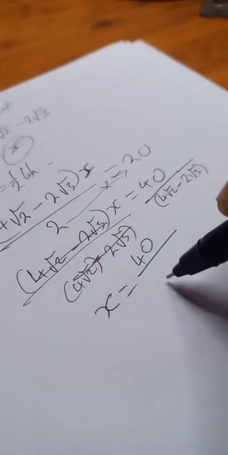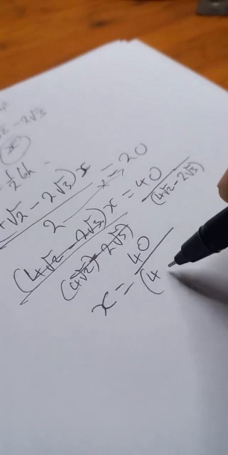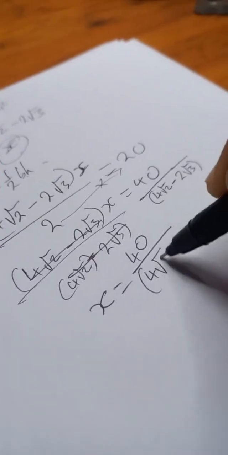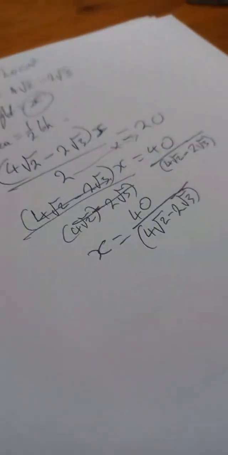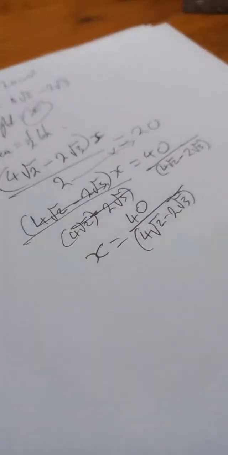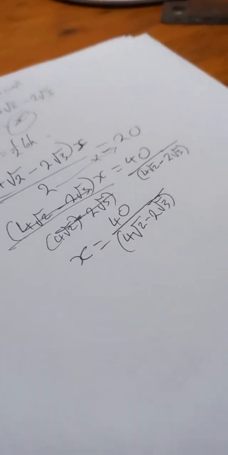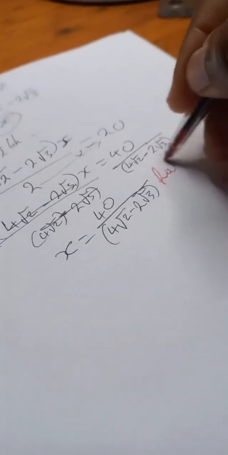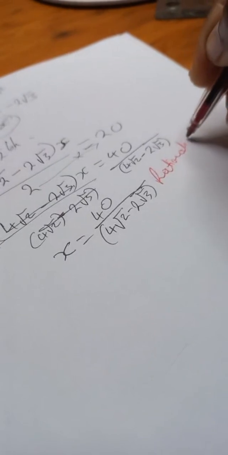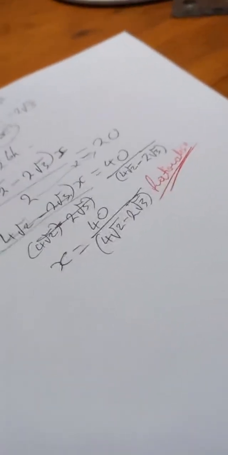We are left with x is equal to 40 over 4 square root of 2 minus 2 square root of 3. Now, what do we do? We can leave it like this, but preferably we need to rationalize the denominator. If you check the last question, we rationalized. We need to rationalize this answer.